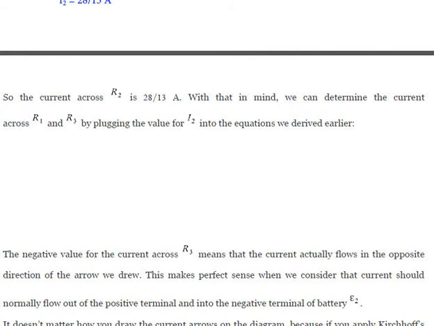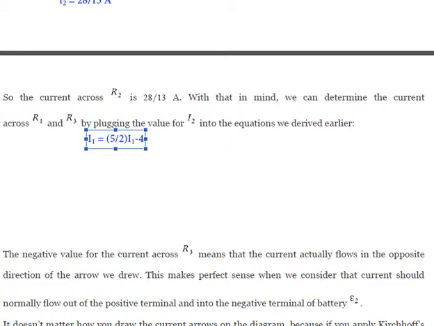Now that we know that, we can figure out I1 and I3 a lot easier by just plugging in I2 for the other equations that we have here. So if we want to figure out what is the current I1, then we have 5 halves I1 minus 4.